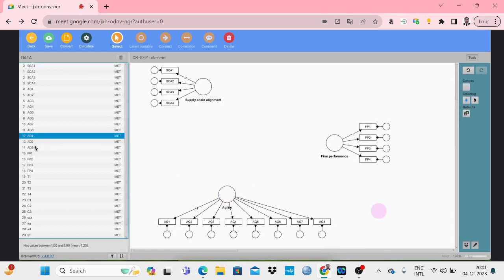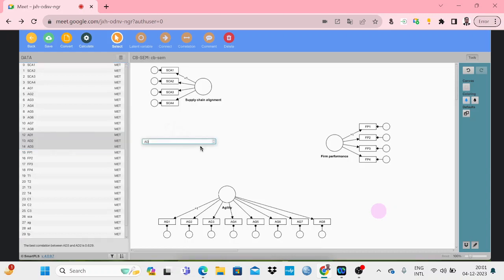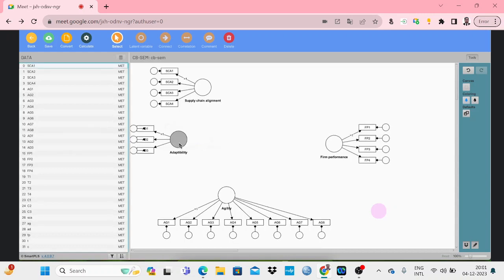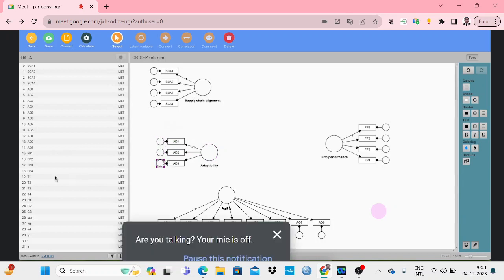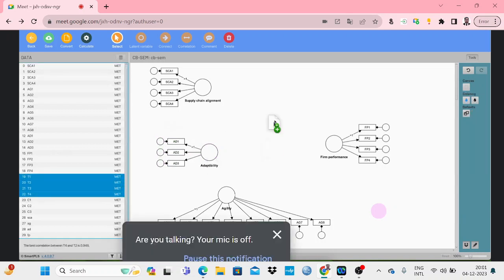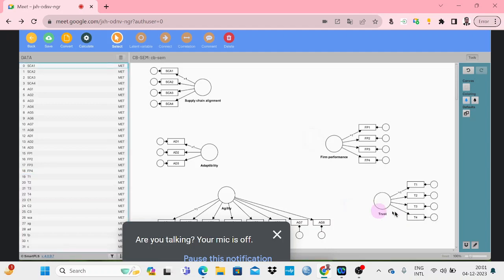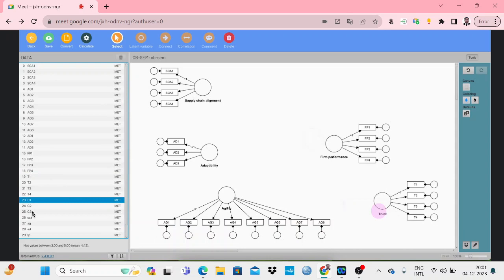Then we have adaptability, and then trust. Let us call this trust. And we have competitive advantage.